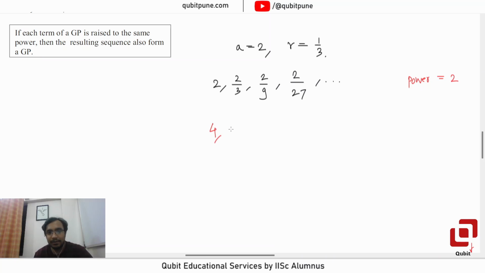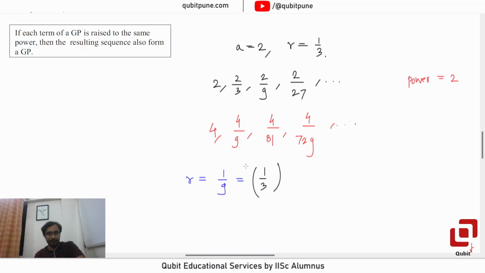2 squared 4, 2 by 3 squared 4 by 9, 2 by 9 squared 4 by 81, 2 by 27 squared 4 by 729 and so on. Now what has happened to the common ratio? The common ratio has become 1 upon 9, which is the square of the original common ratio.